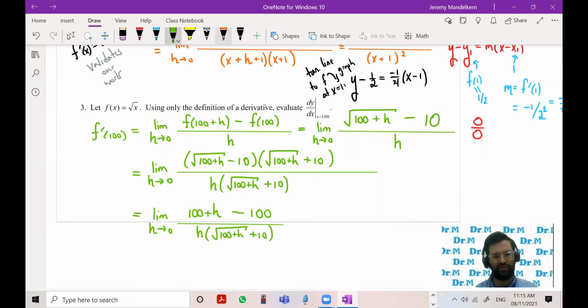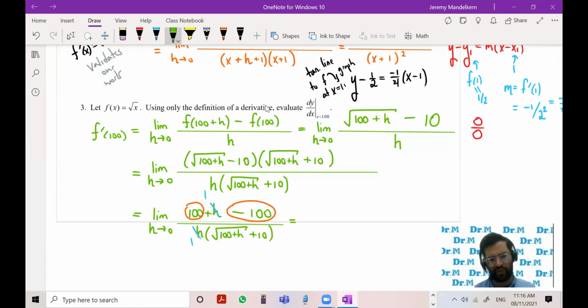Well, we can simplify. The 100 and this minus 100 are canceling. And then sure enough, we can divide out a factor of h. And we may even be able to see that passing the limit as h goes to 0, you'll be able to take the root of 100 plus h in the denominator and swap that out with root 100, because h is going to 0.